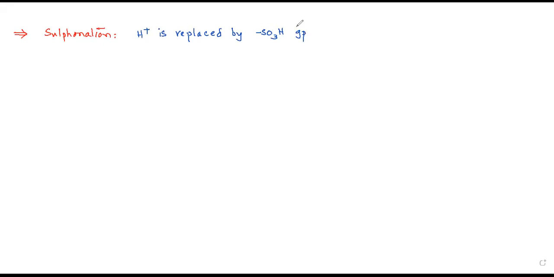In this case, I can also tell you that it is actually this which replaces. SO3 is a neutral electrophile. Okay. Sulfur trioxide is a neutral electrophile here.